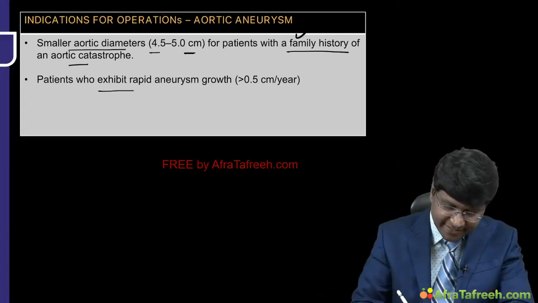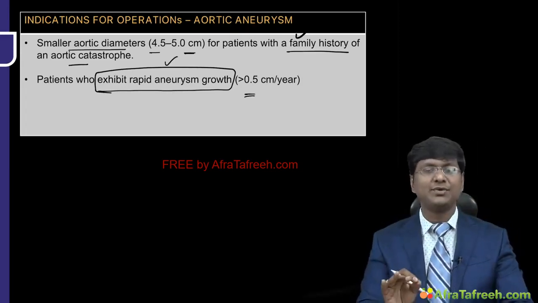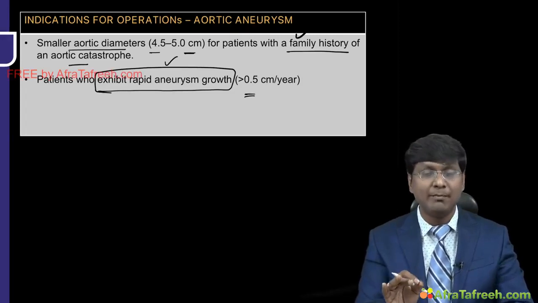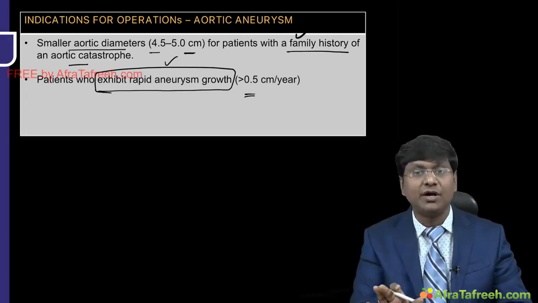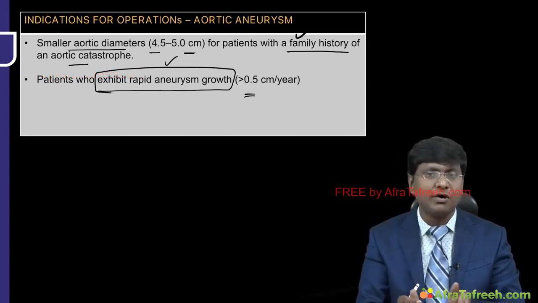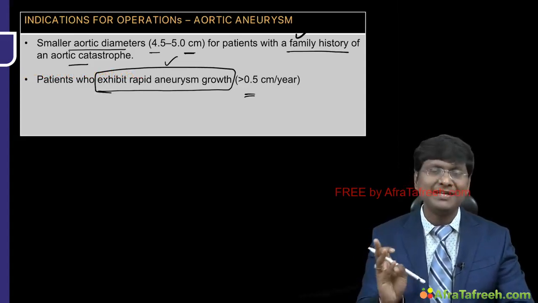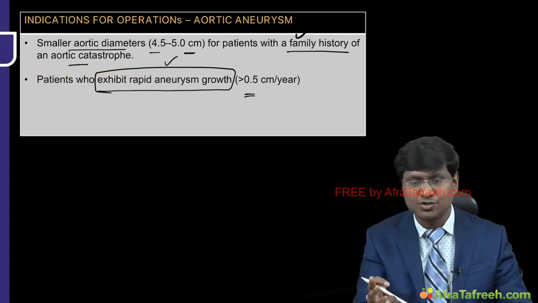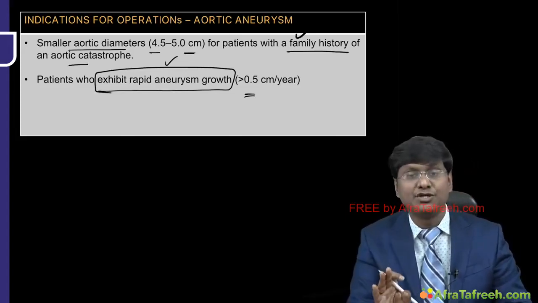And patients who exhibit rapid aneurysmal growth. What do you mean by the word rapid aneurysmal growth? That is the growth of the aneurysm at a rate of more than 0.5 centimeters per year. So they also have to undergo the intervention. Okay. So this is about the indications for operation in a case of the aortic aneurysm. Number one, family history of the aortic catastrophe. Number two, patients who exhibit rapid aneurysmal growth.